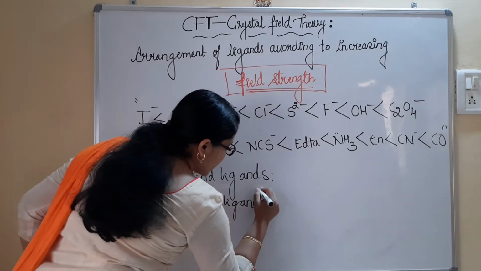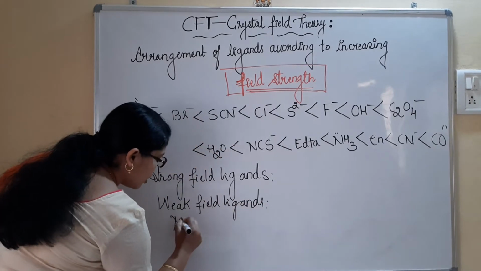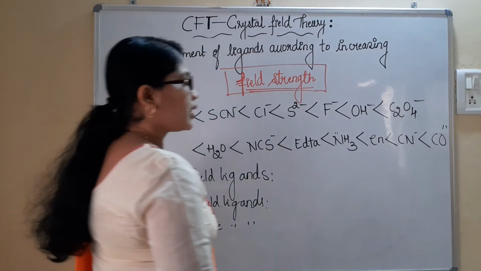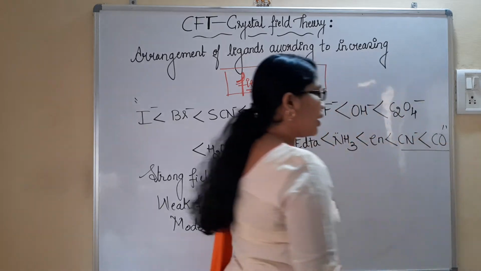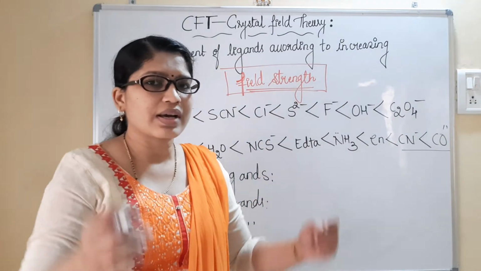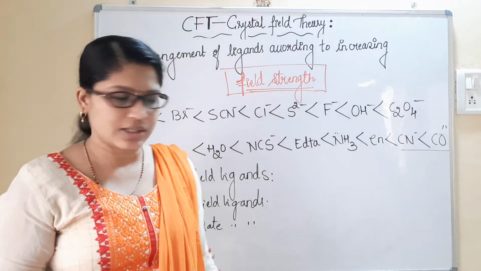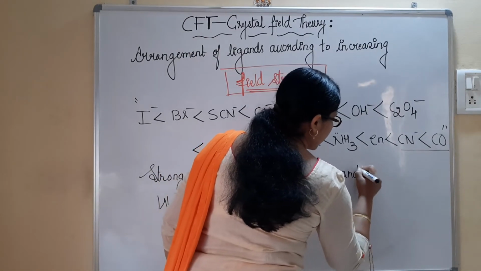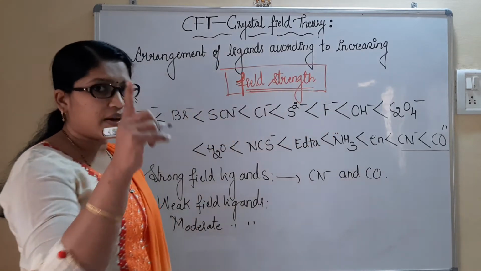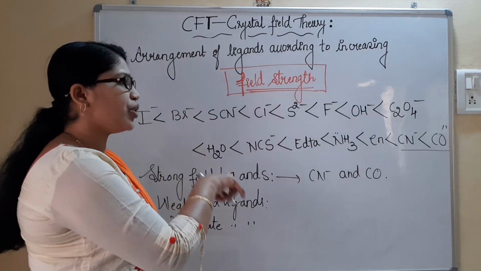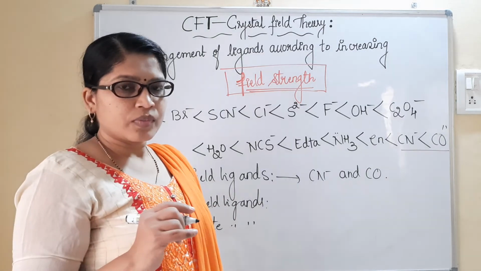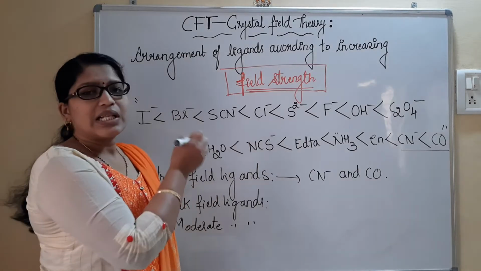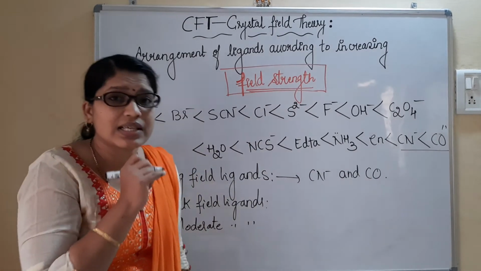Then next let me consider moderate, or they are also generally considered as weak field itself, right? So as I told you, CN minus, cyano, and CO are said to be strongest field ligands. So strong field ligands CN minus and CO, right? Ever remember these points. These are going to help you throughout the chapter to gain around 3 to 6 marks from the spectrochemical series of these ligands itself.